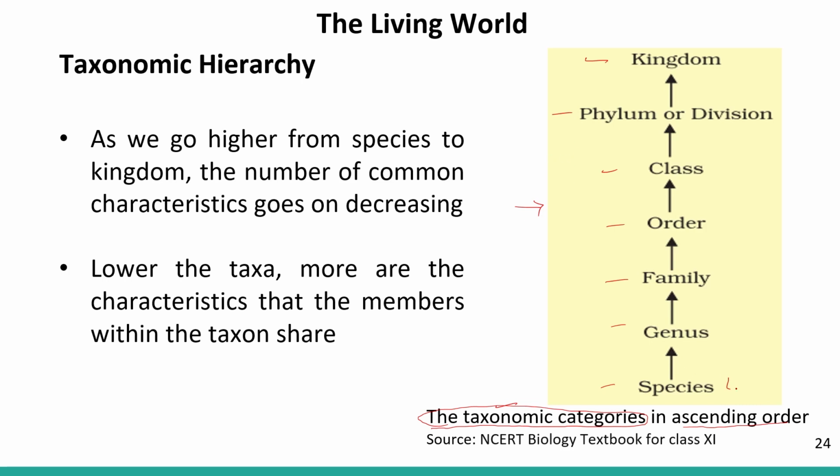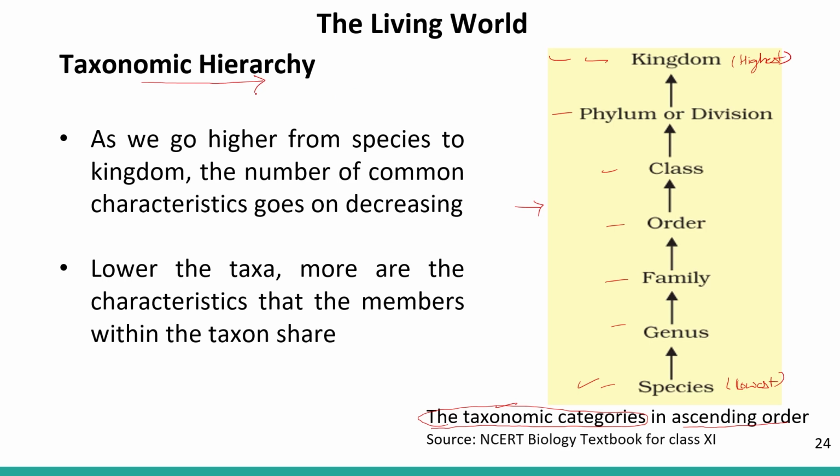Species is the lowest or the lowermost taxonomic category, whereas kingdom is the higher or the highest taxonomic category. And all these categories, from species to kingdom, when stepwise arranged, are known as taxonomic hierarchy.